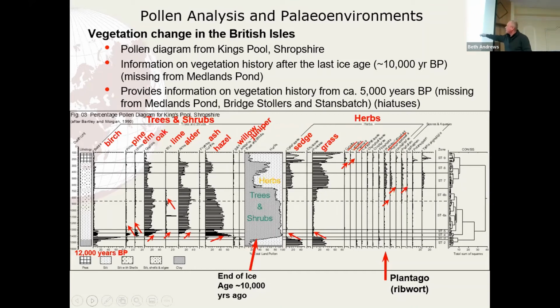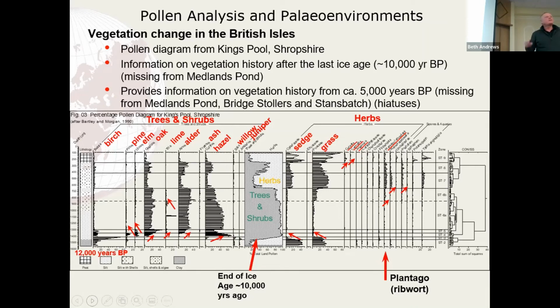So there's that summary diagram that shows an open environment towards the last ice age, and a massive increase in woodland indicators, woodland pollen, more or less to 99% woodland pollen, and this decrease in the open habitat herbs such as sedge and grass.